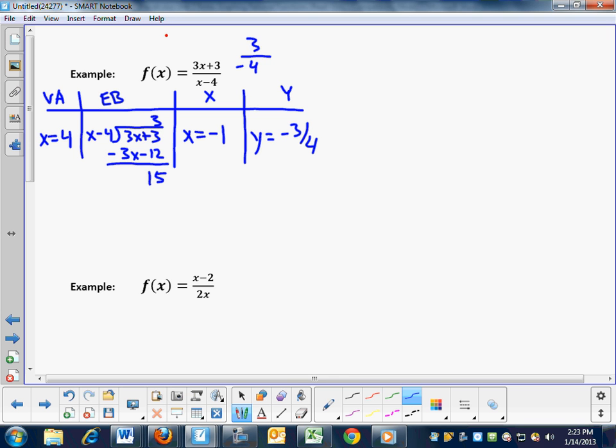So I have 3 plus 15 over x minus 4. So that's another way of writing the function. So what does the graph want to look like? It wants to look like y equals 3.